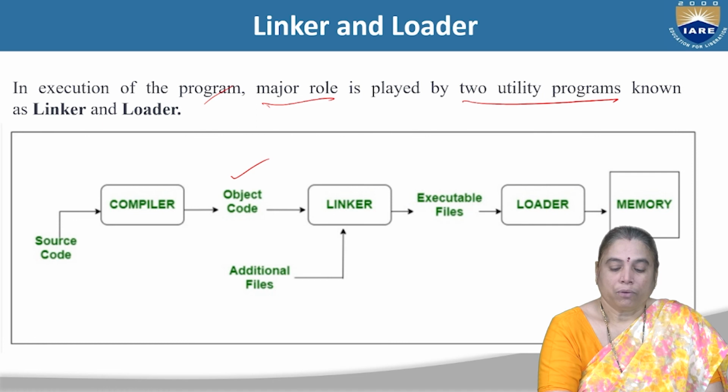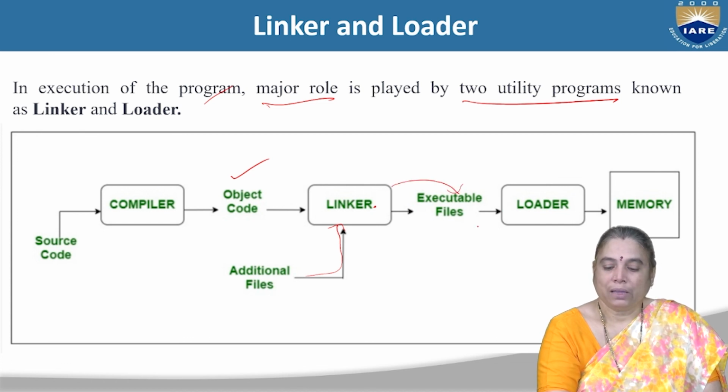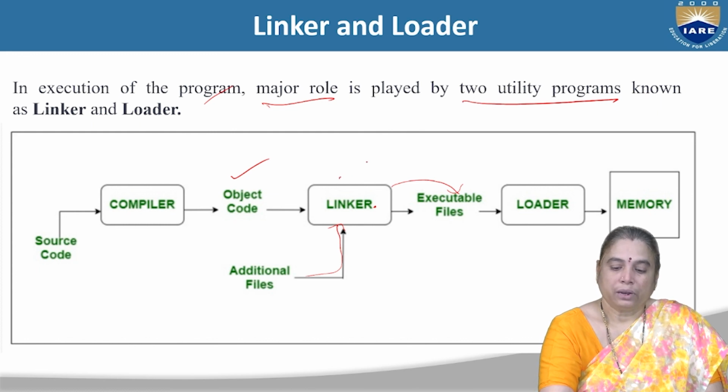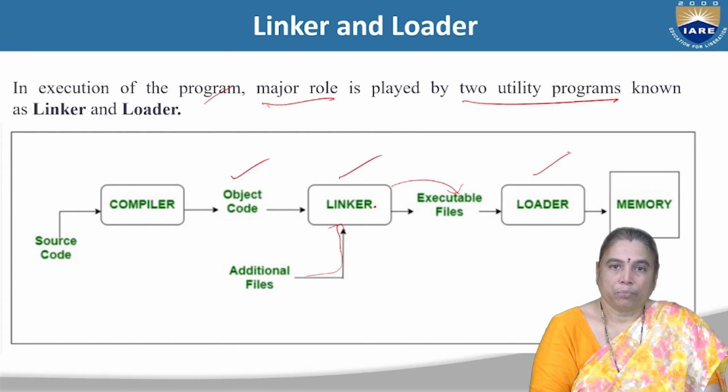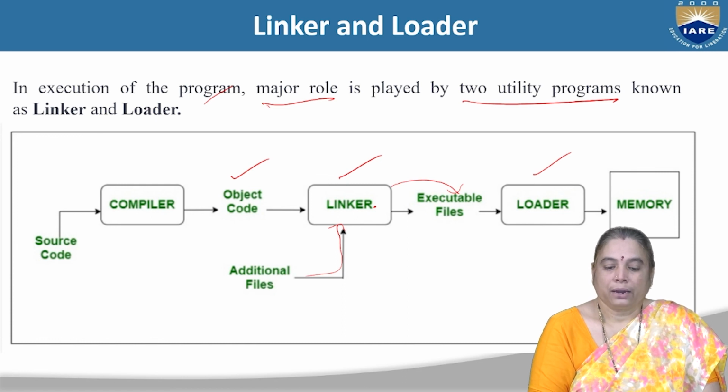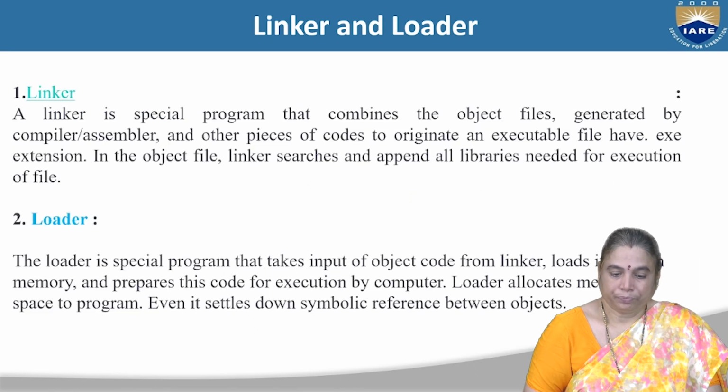After the object code, the additional files needed can be supplied to this OBJ code with the help of the linker, so that an executable file is available. The .exe file is available here. So the loader prepares the memory and loads these executable files in the memory, so that the program can be easily executed. So the linker and loader are the two utility programs that are required and helpful during the execution of the program.